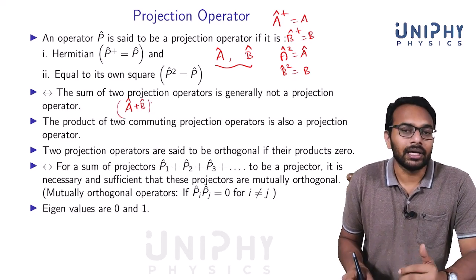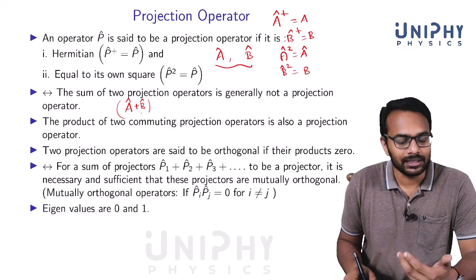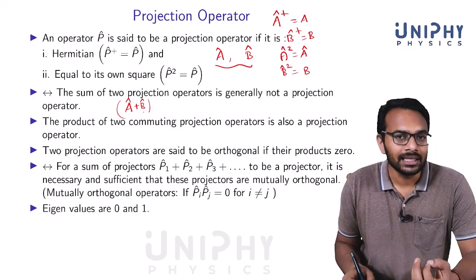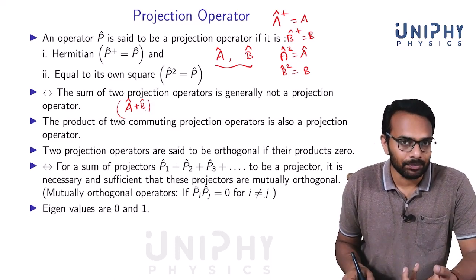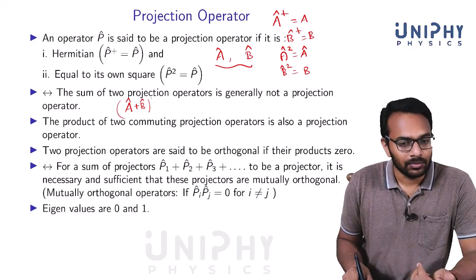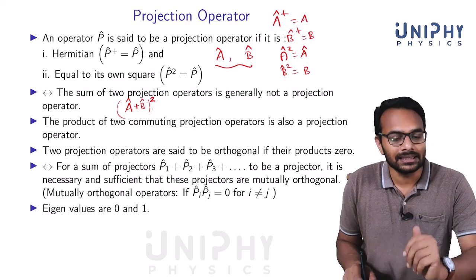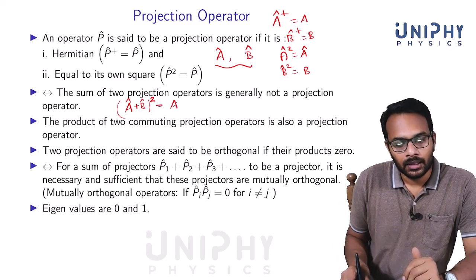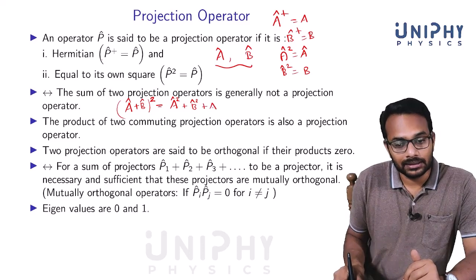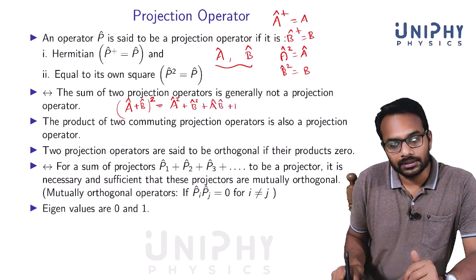So A plus B is Hermitian. Obviously, you take the Hermitian conjugate of A plus B, you get A dagger plus B dagger, which is A plus B again. So it's Hermitian. But we need to satisfy another property, that when you square the projection operator, you should get itself. So let's check this. A plus B whole square is A square plus B square plus AB plus BA.